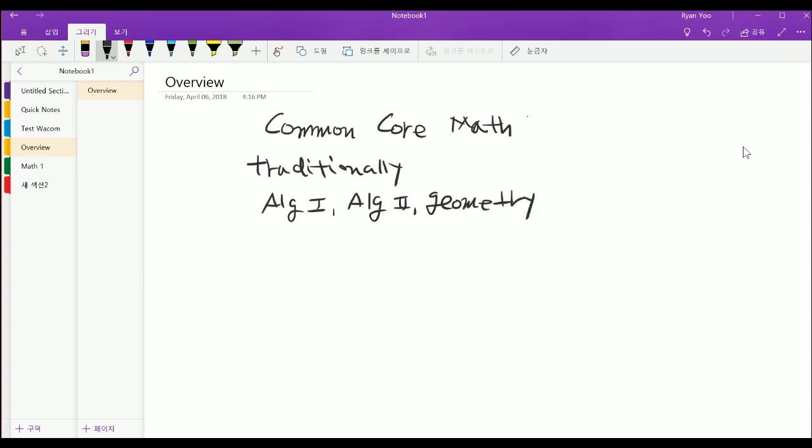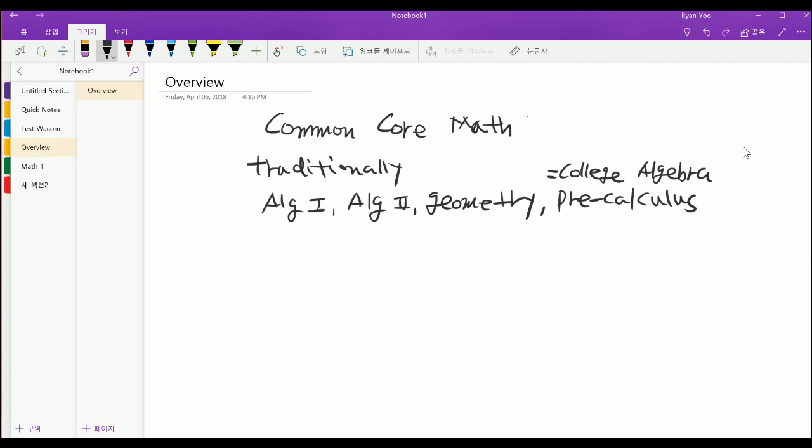If you have all these three classes, then you can take pre-calculus. Pre-calculus is the same thing as college algebra when you go to college.